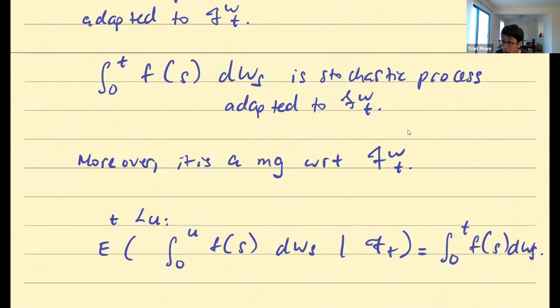That's the martingale property. When you take the future expectation based on current information, you only get the value up to that time.